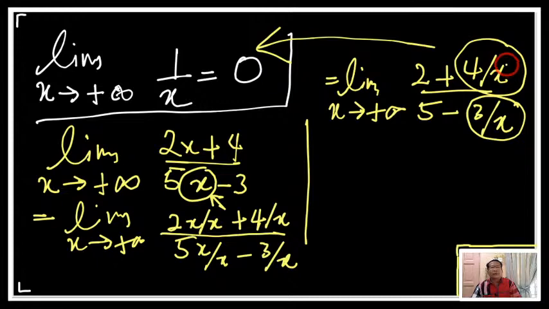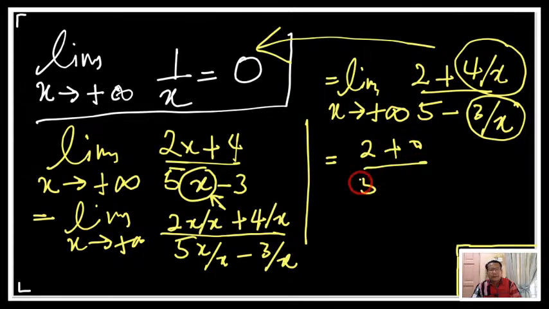Actually, power 2, power 3, power 4, power 5, it doesn't matter. As long as it's over x, it is 0. So the limit as x approaches positive infinity is 2 plus 0 over 5 minus 0. So the answer is 2 over 5.